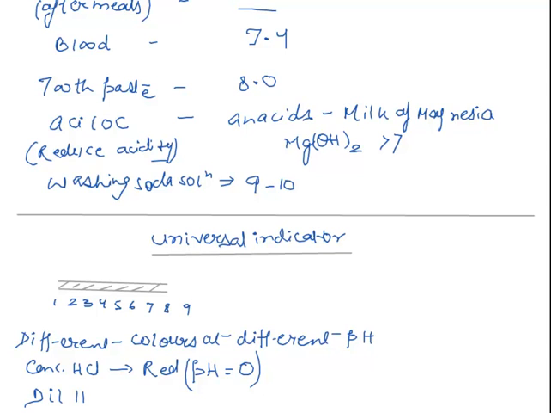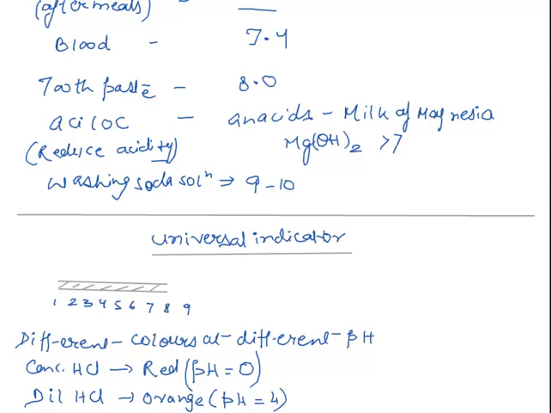Likewise with dilute HCl, it gives orange color and the pH is equal to 4. Under neutral conditions, what is it going to give?